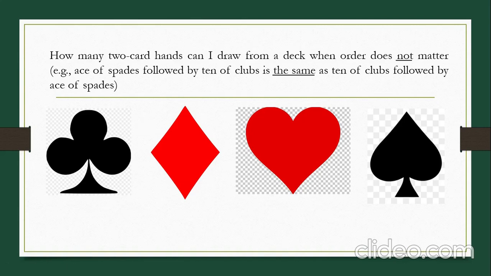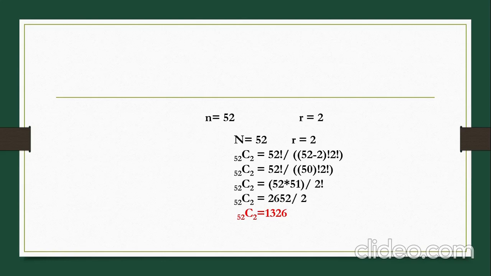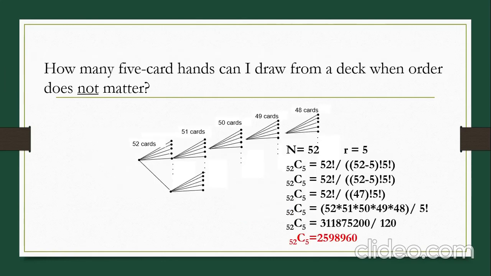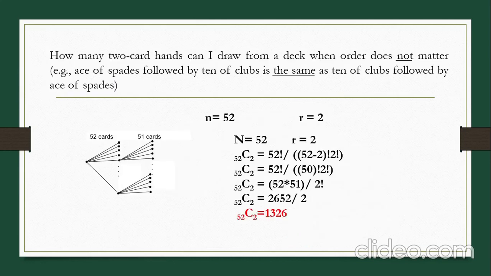Now, how many two-card hands can I draw from a deck when order does not matter? The number of items in the set, n, is 52 because there are 52 cards in a deck. And we are going to draw 2 cards, so r is equal to 2.